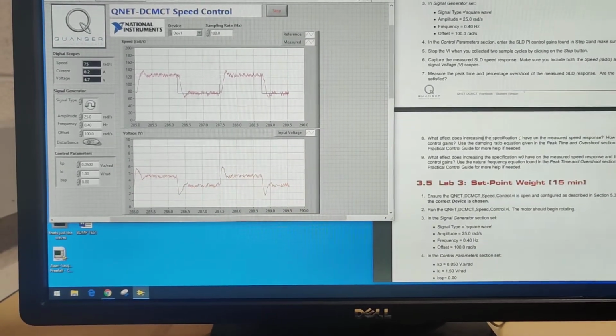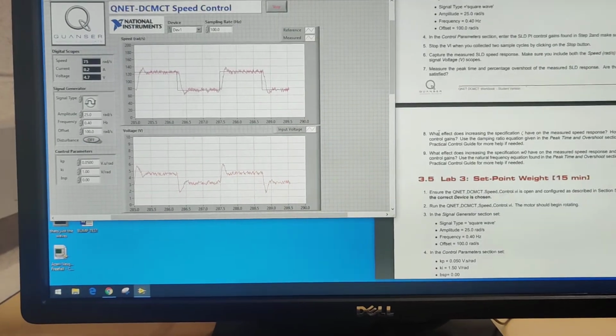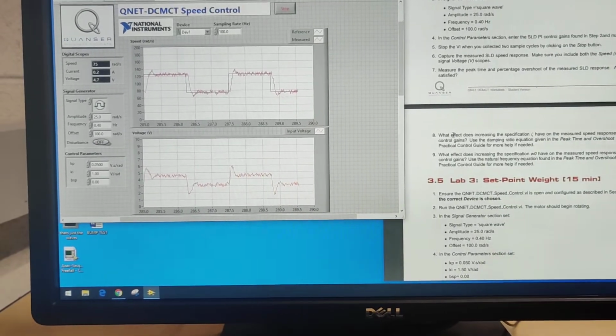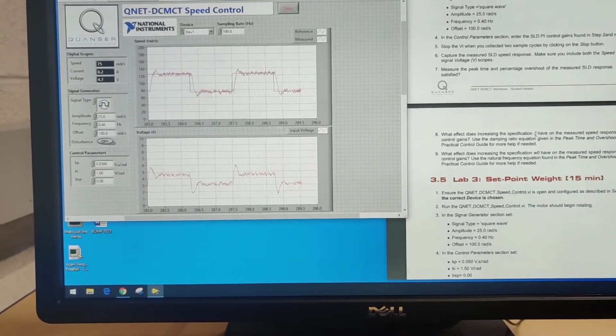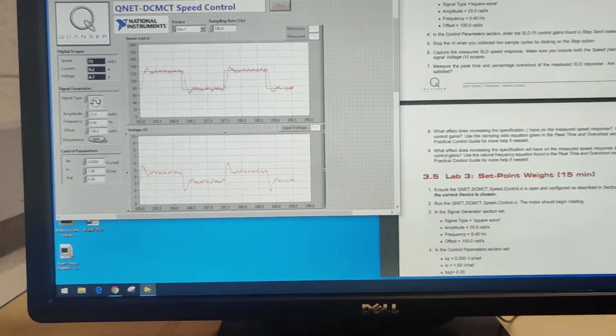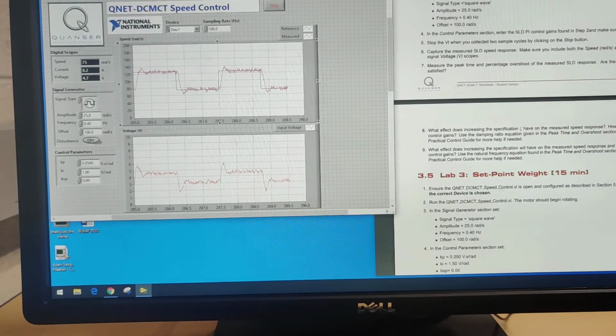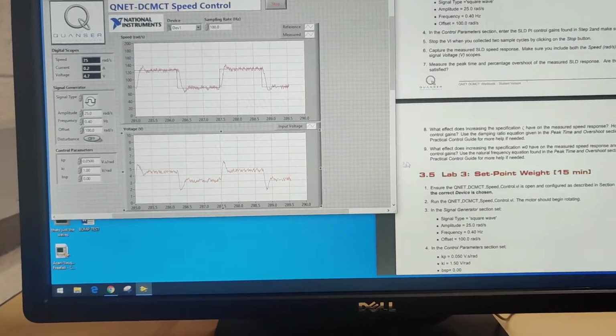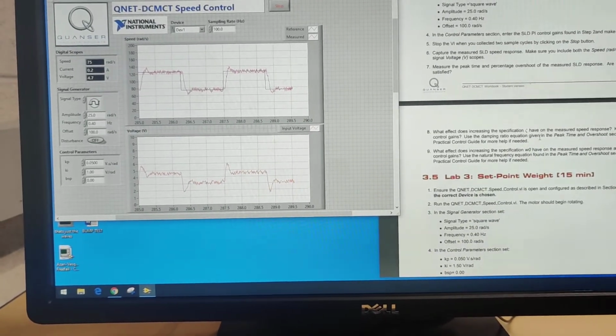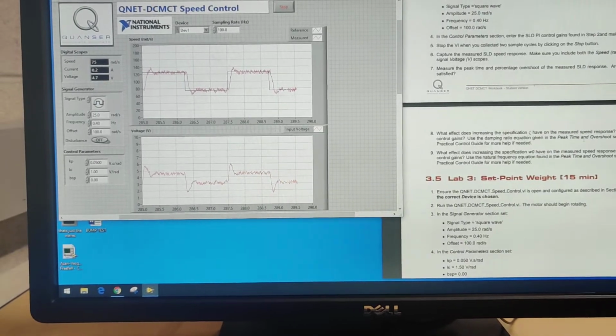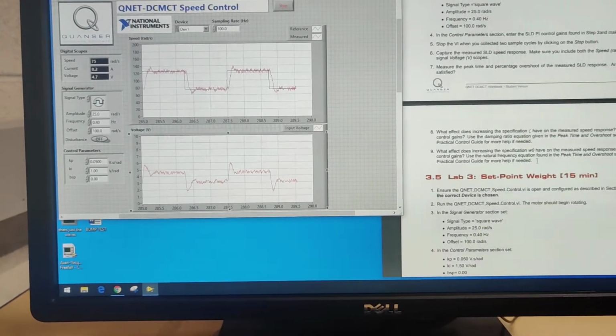Okay, and also answer the following two questions, like what effect does increasing the specification of zeta have on Kp and Ki, and thus how will it affect the waveform. Okay, and also the control gain, damping ratio, peak time, overshooting, and so on.